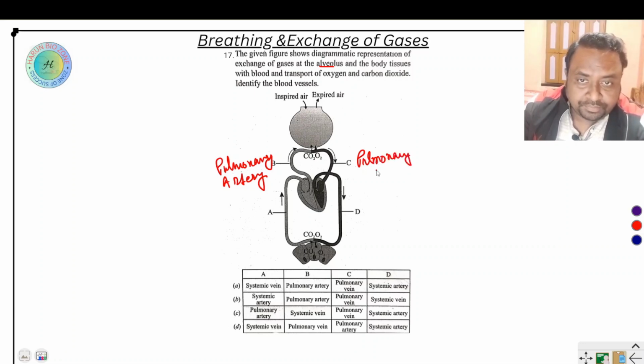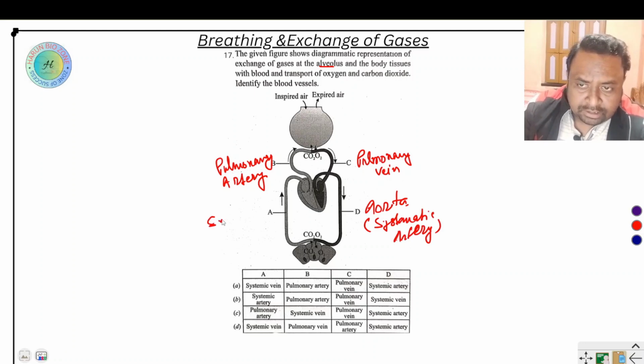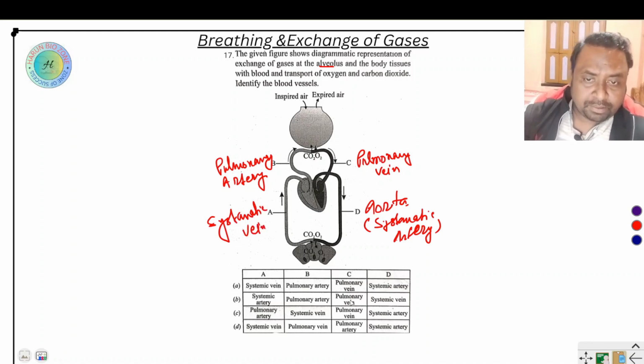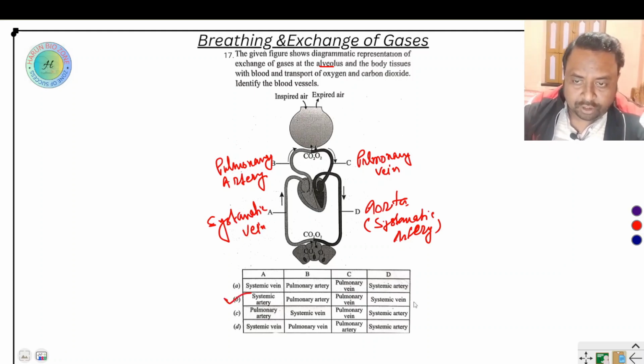From the heart, this is the aorta or systemic artery, and this is the systemic vein. So systemic artery, systemic vein, pulmonary artery, pulmonary vein. This B is the correct option.